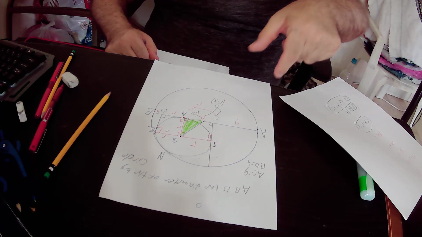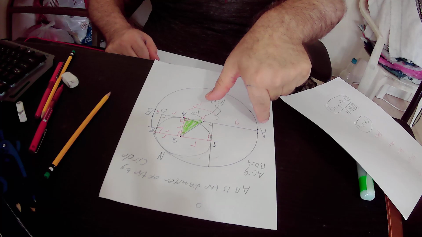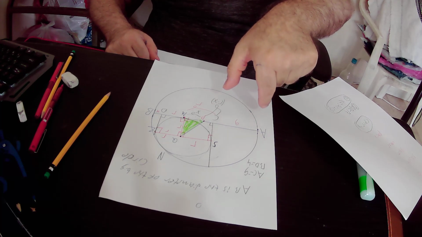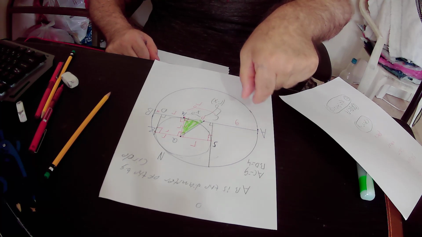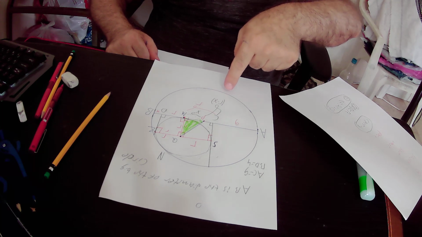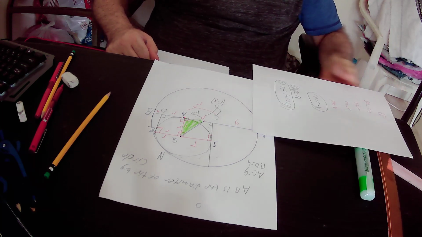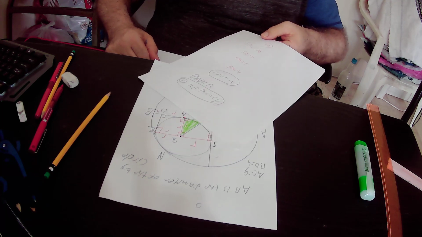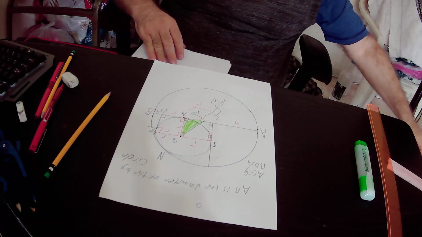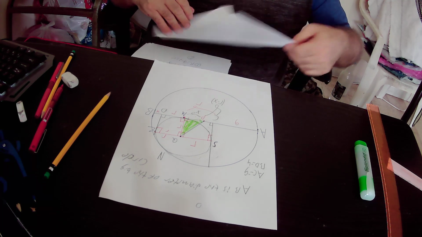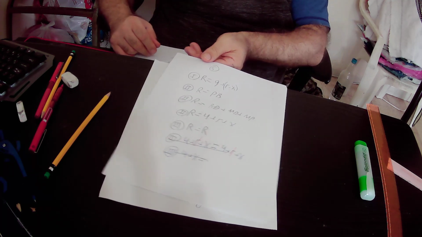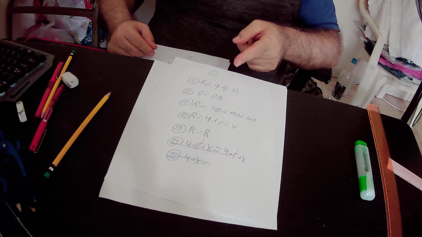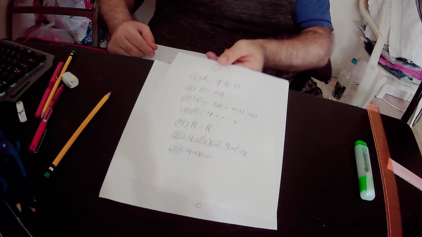That is to say, AP that equals capital R equals AC, that is 9 units, plus CP, that is r minus x. In other words, the radius of the circle equals 9 plus r minus x.